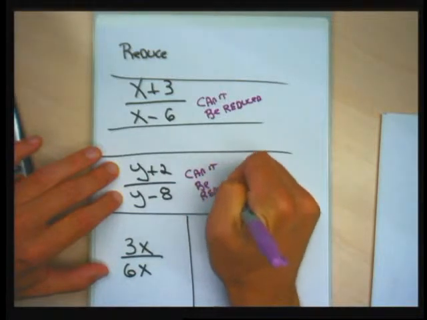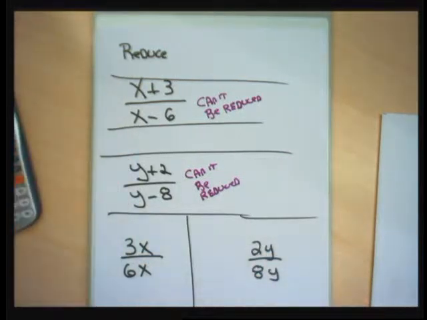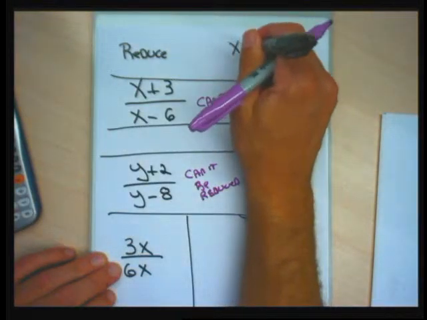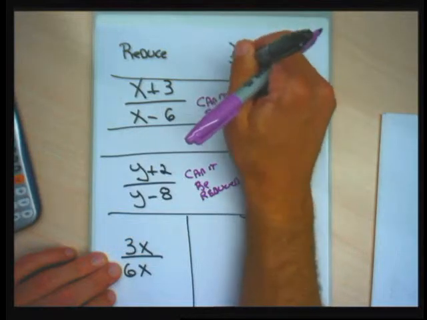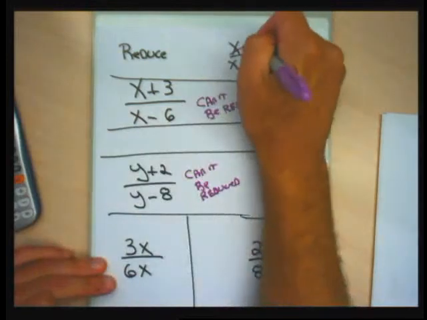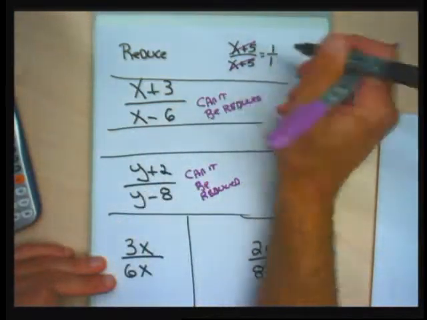So these 2 problems, the (x+3)/(x-6) and (y+2)/(y-8), what they have in common is there's a plus or a minus between the letter and the number. And in order to reduce, you have to have exact copies. If I made another problem like (x+5)/(x+5), that can reduce, and it reduces to 1, because both of these completely cancel, and when they cancel, they turn into 1s.